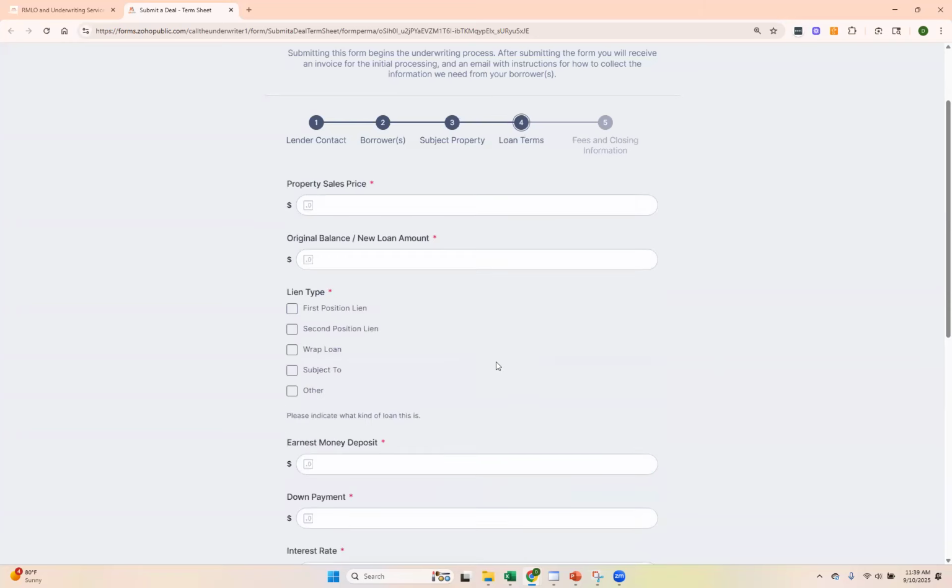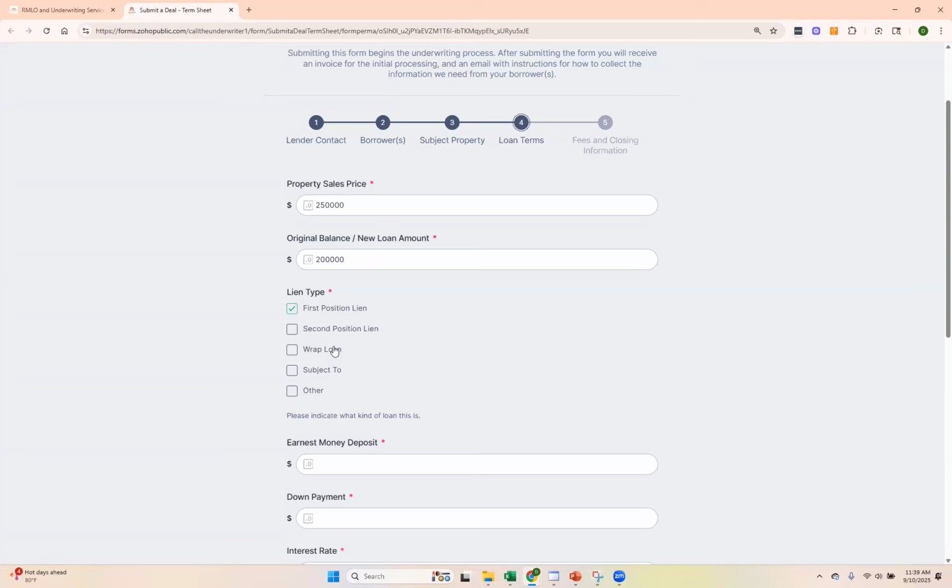So attached single family. The property sales price that you've agreed to, I'll just make up some numbers here, say 250. The original balance, so your new loan amount, so this will be the amount that the borrower will actually be borrowing. The lien type, you can select all that apply, mostly their first position.